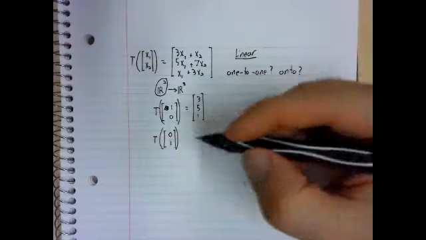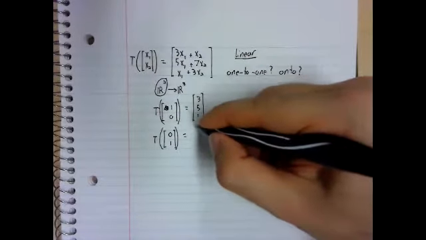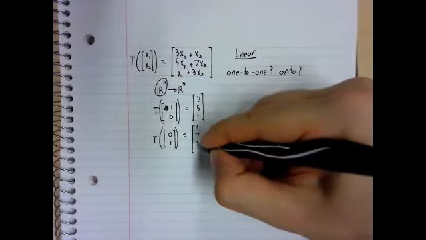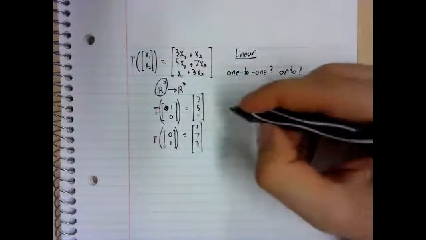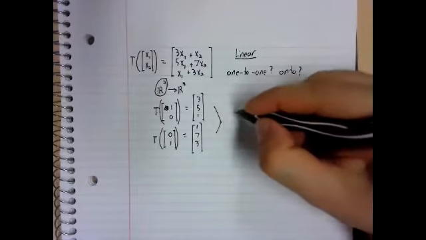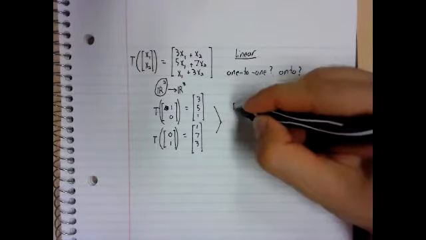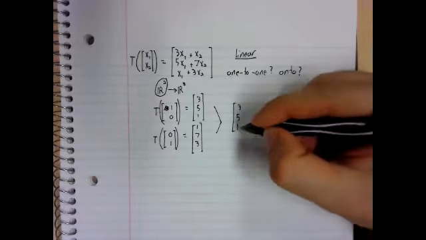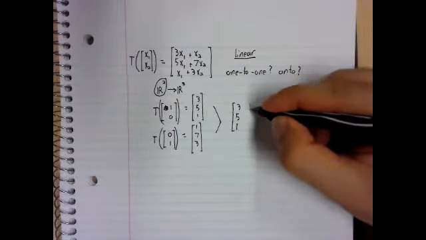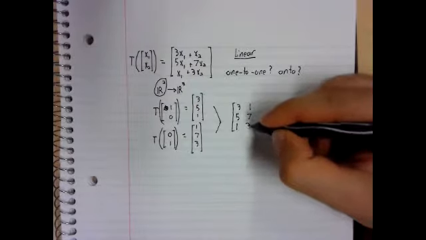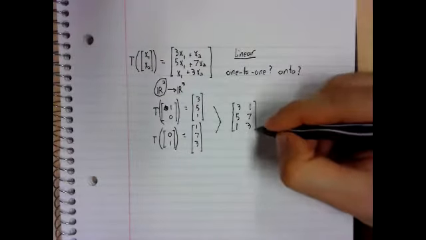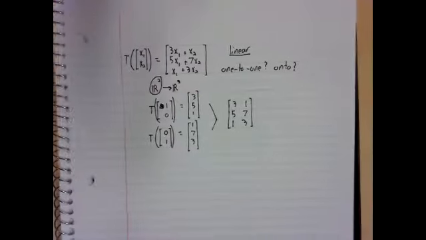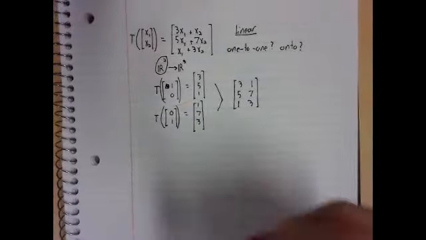T applied to 0, 1 is 1, 7, 3. Put these together. First column is 3, 5, 1. Second column is 1, 7, 3.